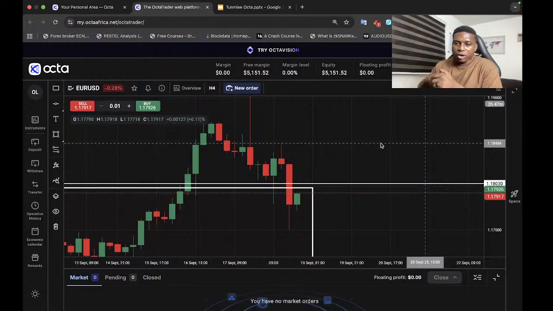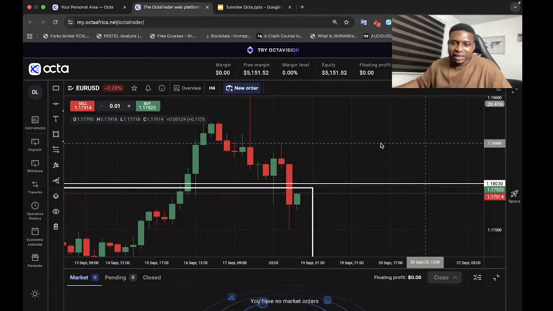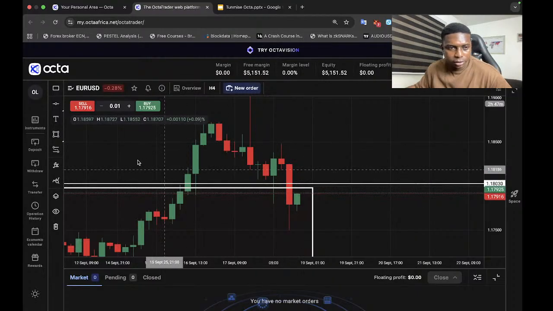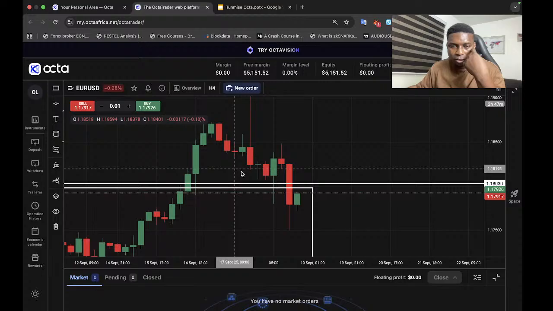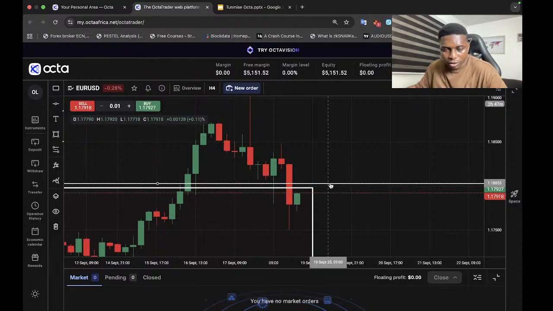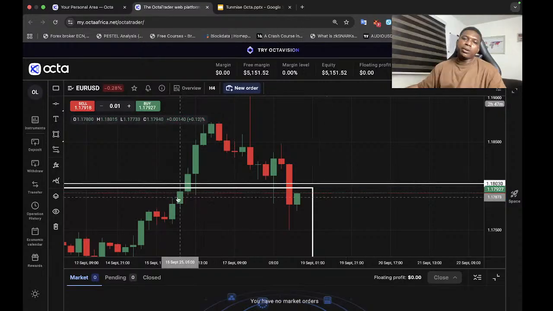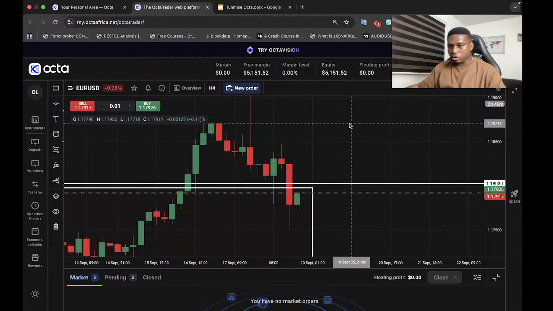All right, we are going to use what we call a pending order. So we're going to set a pending order here, because I can see that there was a breakout and a pullback, and there's a higher likelihood of the market continuing to go up, right?